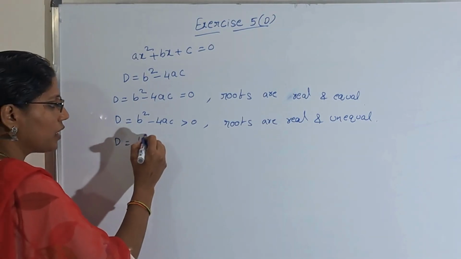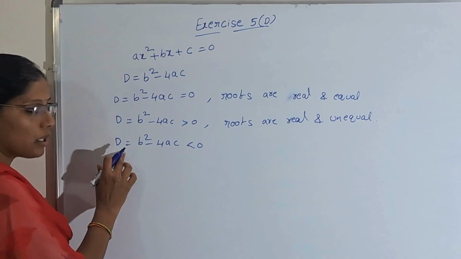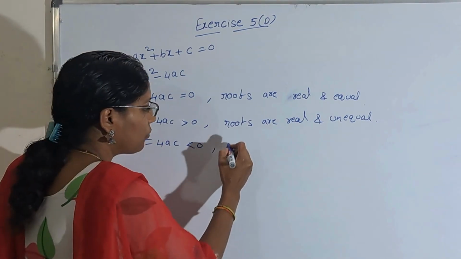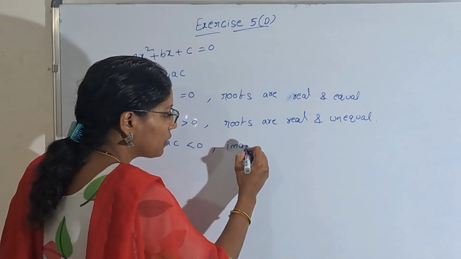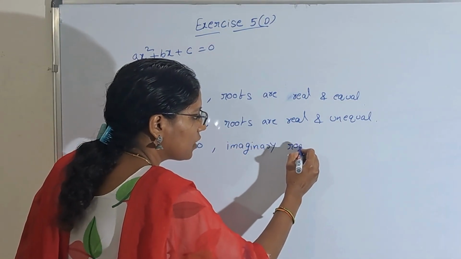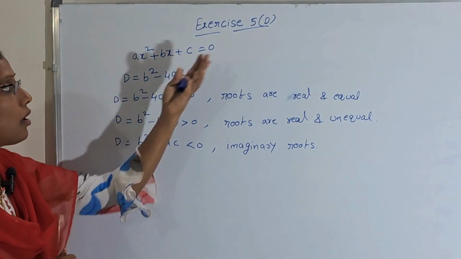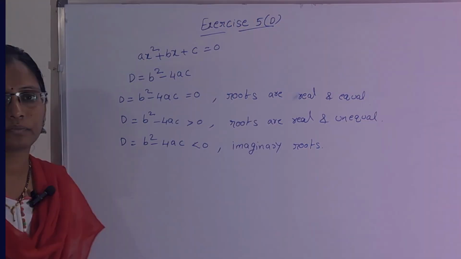D is equal to b square minus 4ac less than 0 means the d value is negative. At that time imaginary roots will come. These three conditions we can use and we will solve exercise 5D.